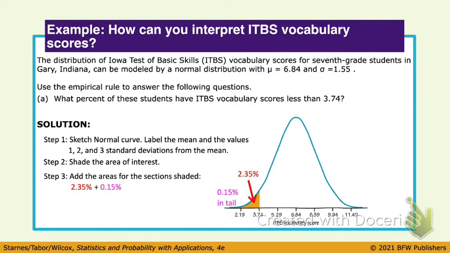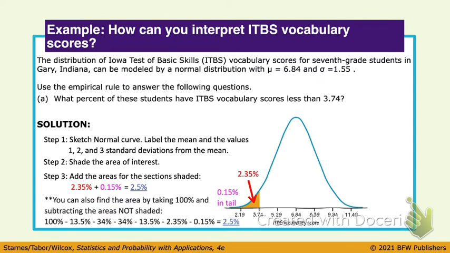So I just add those two sections together, and that gives me the answer, which is 2.5%. Now you can also find this by subtracting out all those other areas, but that's a whole lot of areas. Basically, we're just adding up those little sections that are shaded. Any questions on that?